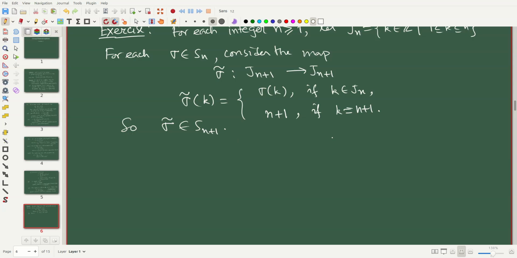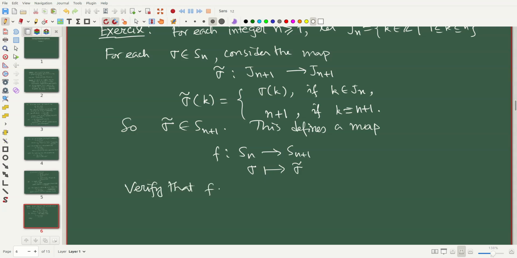Okay, so now this gives an injective map. This defines a map f from S_n to S_{n+1} given by sending sigma to sigma tilde as we have defined above. So verify that f is an injective homomorphism.